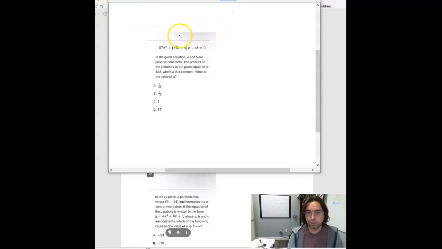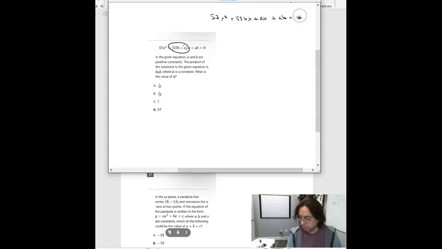So what we need to do first is use the distributive property in this area here. Now we're going to be left with 57x squared plus 57bx, plus ax plus ab, and all this happens to be equivalent to 0.